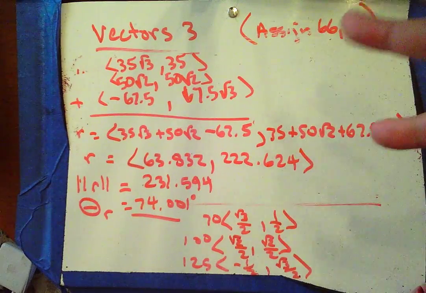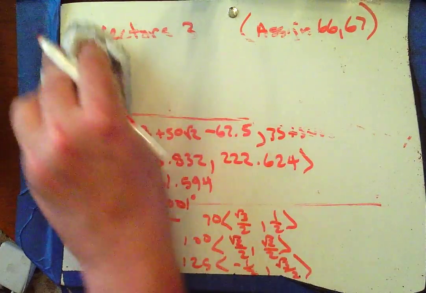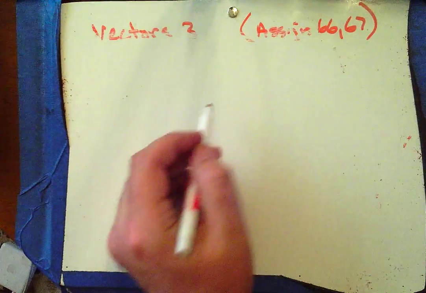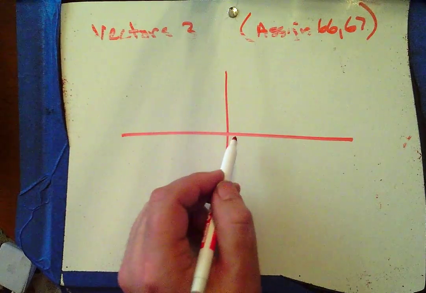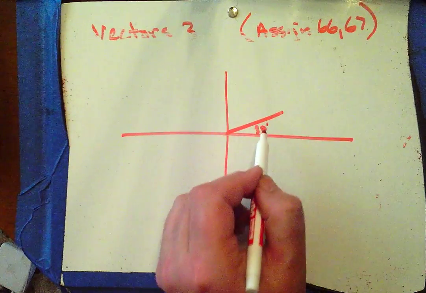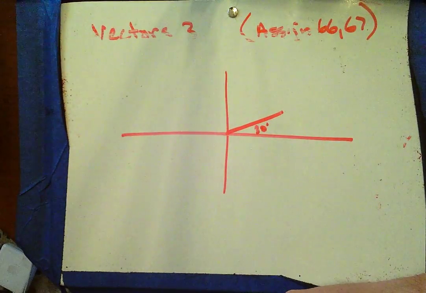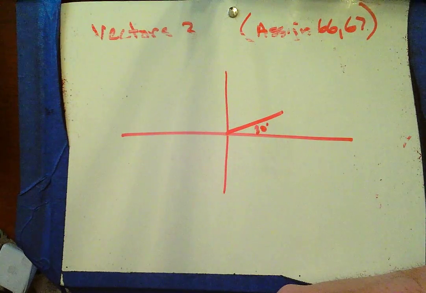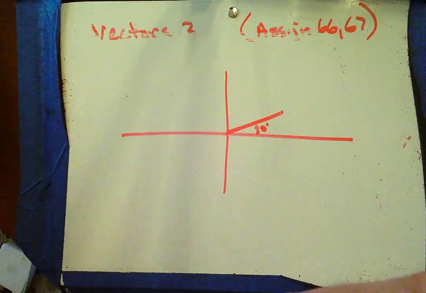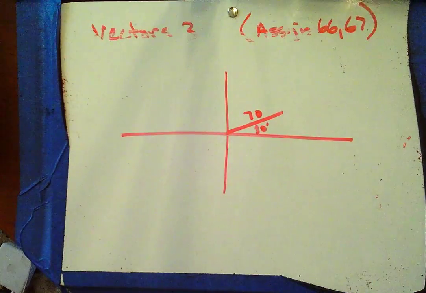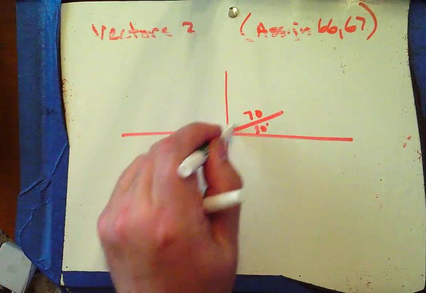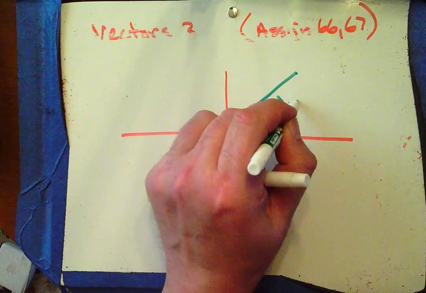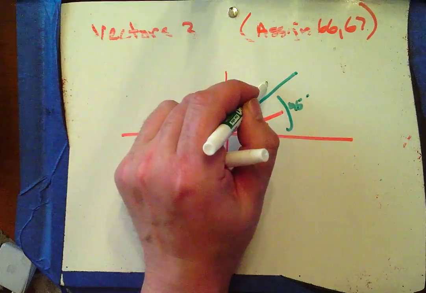I mean, we can describe this resultant vector, but we've got these three forces acting on this object, right? One of them is 30 degrees. And how many pounds was that? I used the wrong numbers. Okay, 70, 100, and 125. So this is 70. And then I've got this force at 45 degrees with 100 pounds.